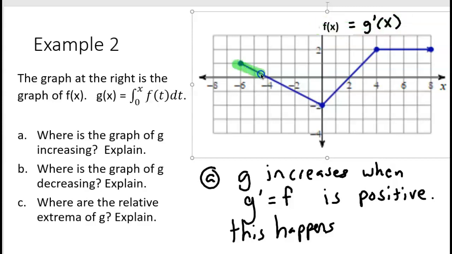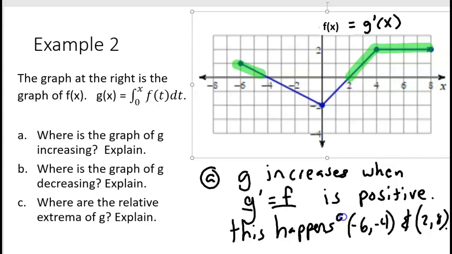So right here, f is positive, and right here, f is positive. And when f is positive, g prime is positive because they're the same. So this happens on those two green intervals that I have there, which is from -6 to -4, and from 2 to 8. So g increases when g prime, which is the same thing as f, is positive. This happens on the intervals -6 to -4 and 2 to 8.